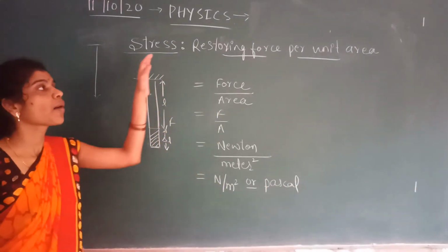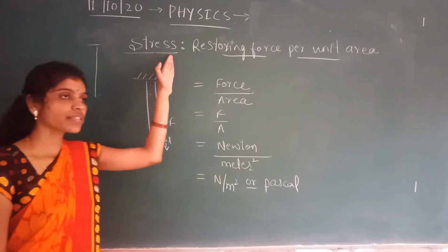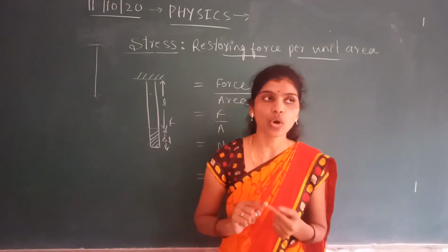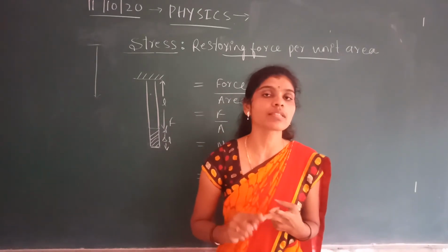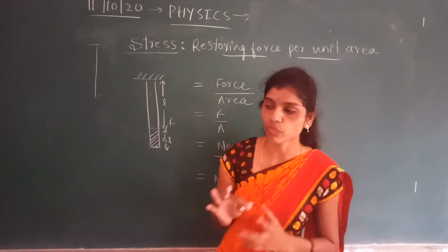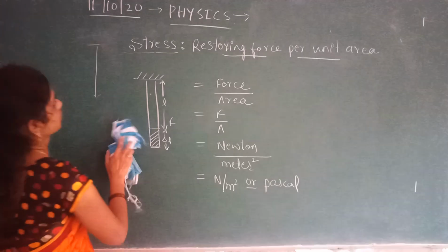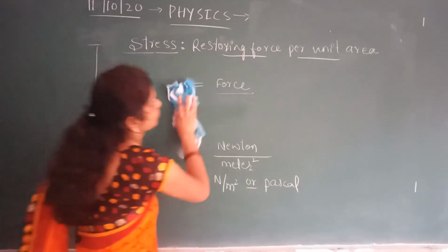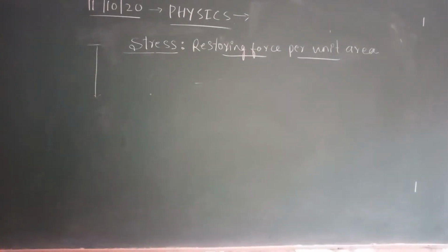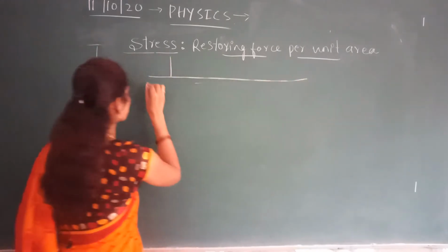So this is about stress, and stress is classified into three types. Those are longitudinal stress, volume stress and tangential stress. We shall see them one by one. Mainly stress is classified into three types.